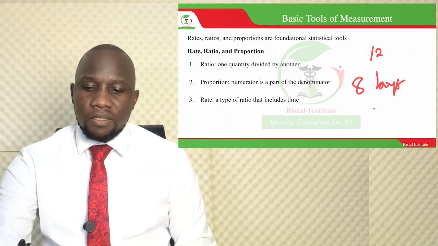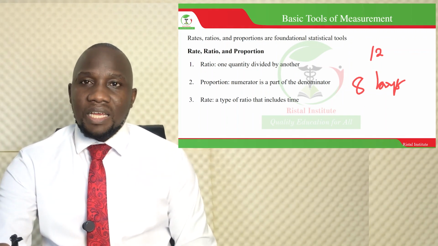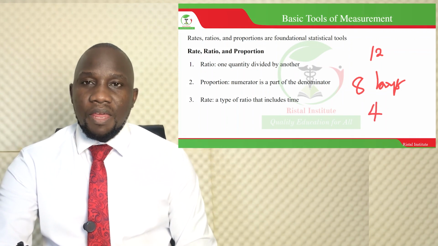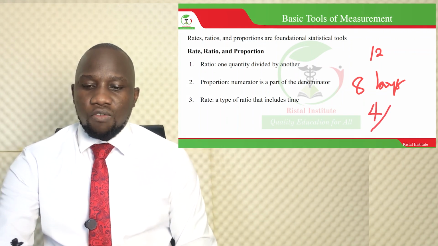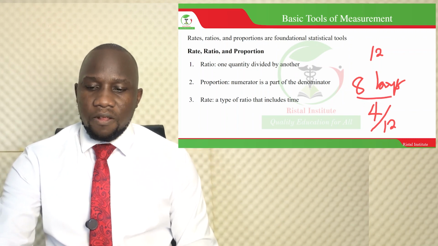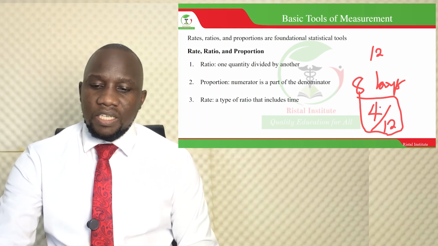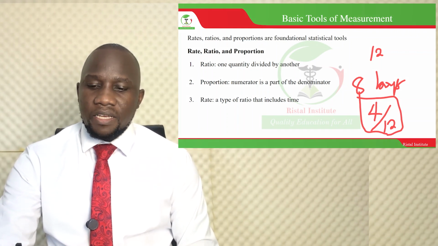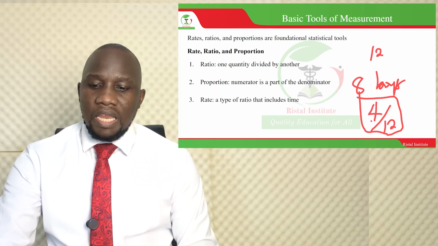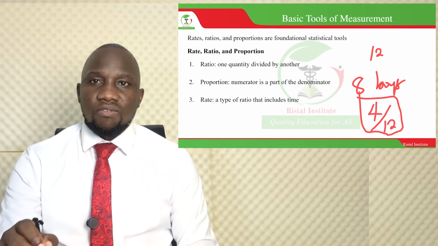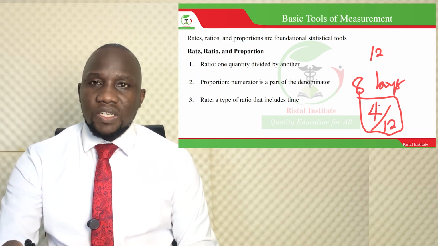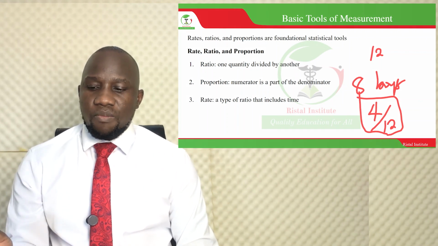The girls in this class are actually 4. There are 4 girls out of 12. Now this, 4 out of 12, is a proportion because the 4 is the numerator, the 12 is the denominator. The 4 is part of the 12. So that's why we're saying the numerator is part of the denominator.